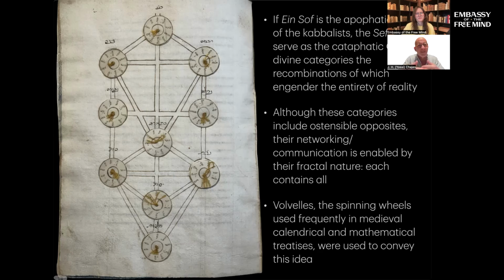And so when you open this work, which you have in Amsterdam, you can maybe set up an appointment and go have a look at it, and then you can spin the wheels around. And maybe when you spin the wheels around, you'll get it in a way that might not have happened without that haptic interface. It's not just an image, it's a moving image. It also, I think, is connecting to what would have been the medieval user's familiarity with calculation devices that would be in calendrical and astronomical and mathematical manuscripts.